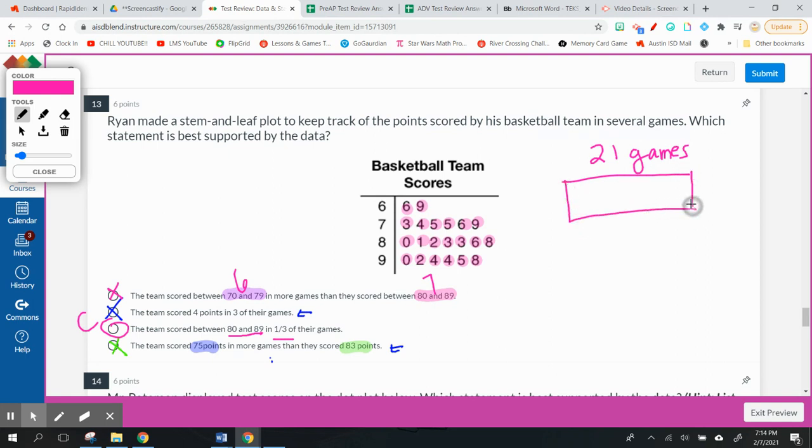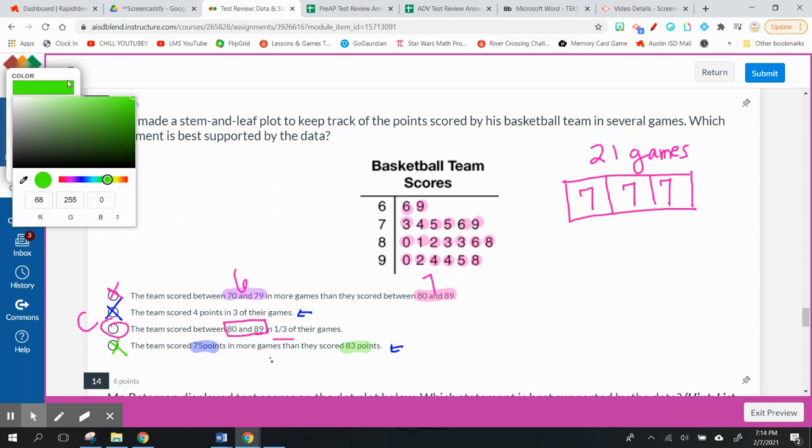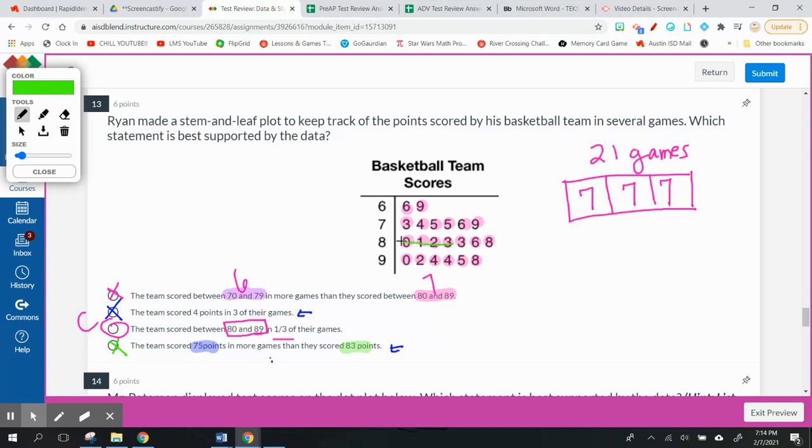So a third, that means we're chopping something up into 3 parts. What's 21 split up into 3 parts? 7. So we're looking for them to have scored between 80 and 89 points in 7 games. And I think we already talked about that one and figured out that that's true. That'd be here.